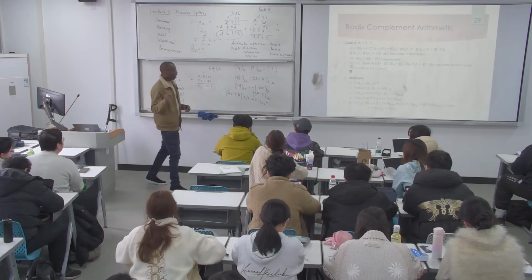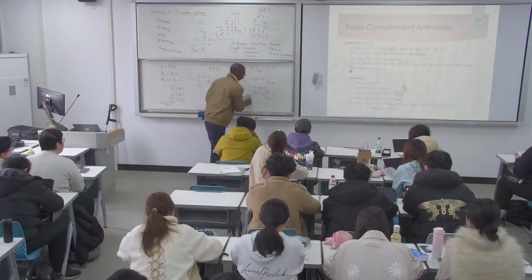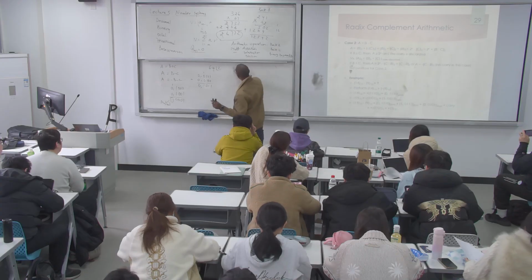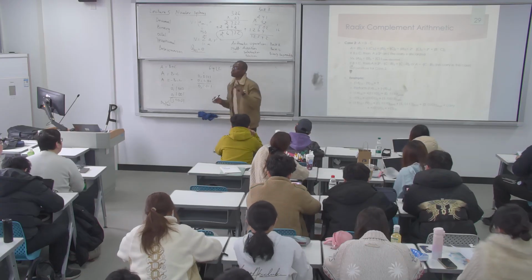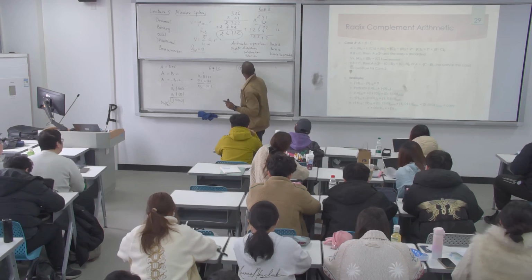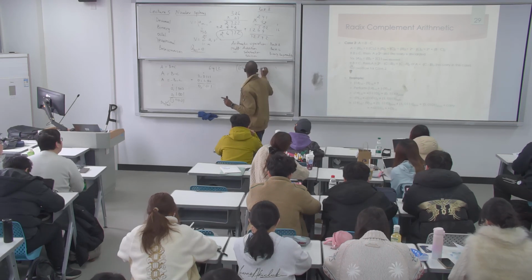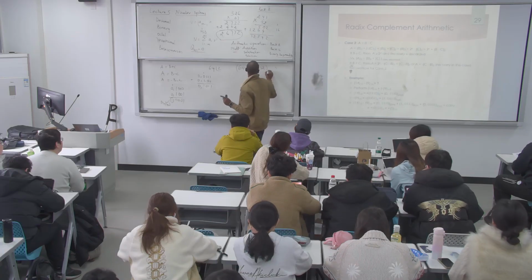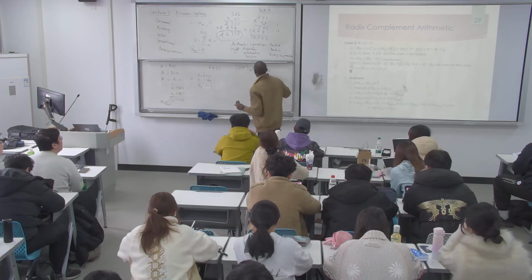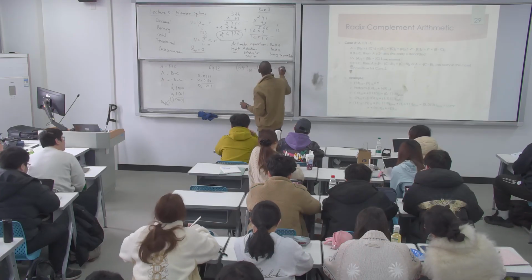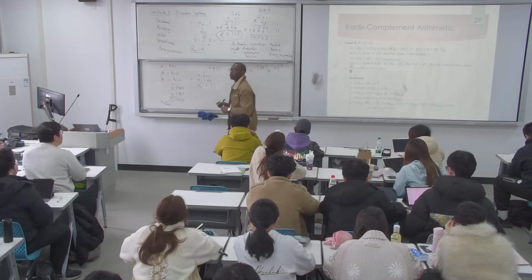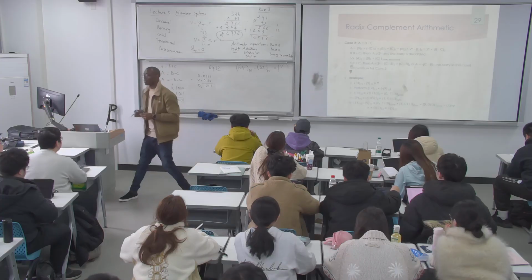Okay, to show me that you understand that, I'm going to give you a simple exercise to do. Use 2's complement, okay? I'm going to give you a simple one. 64 minus 32, how much is it?